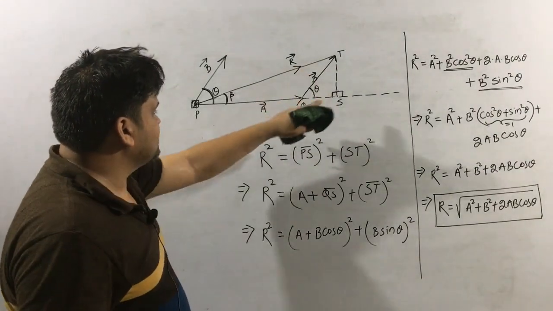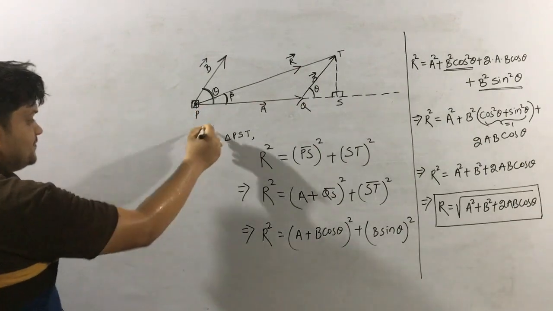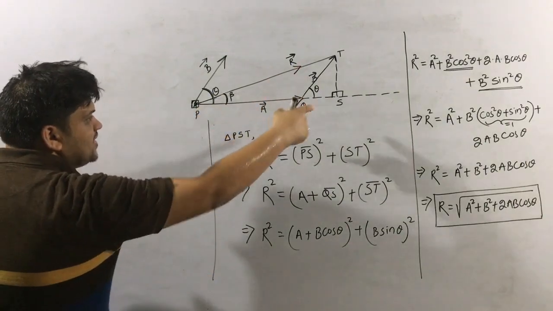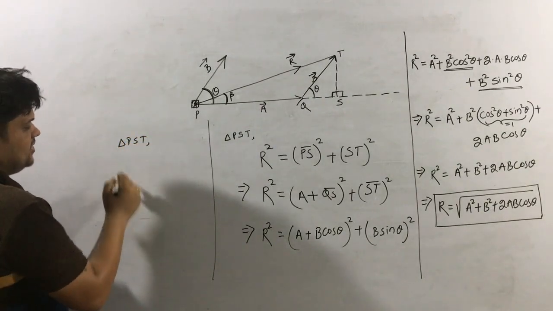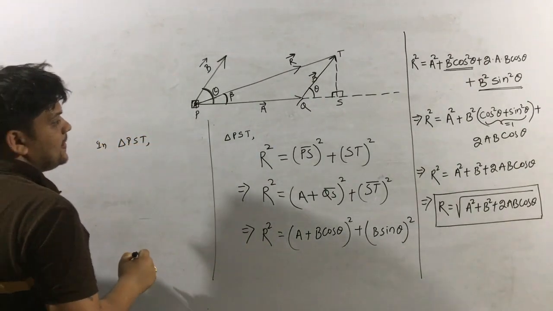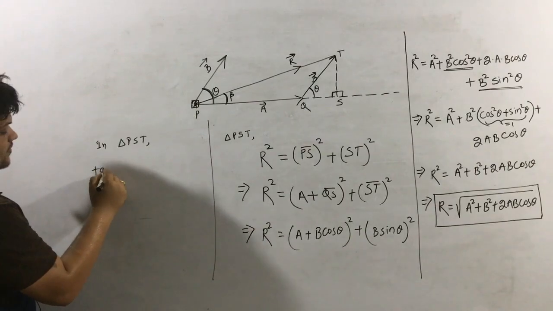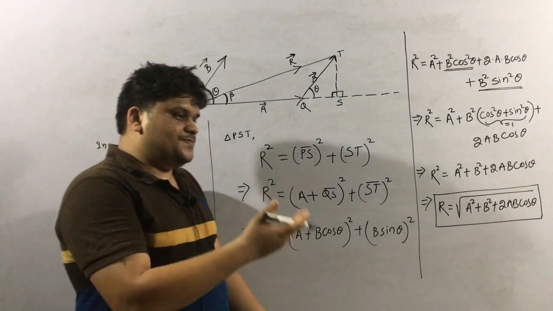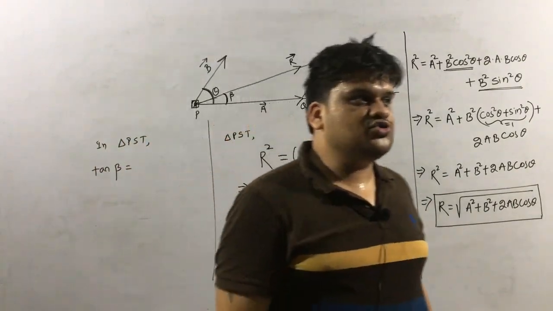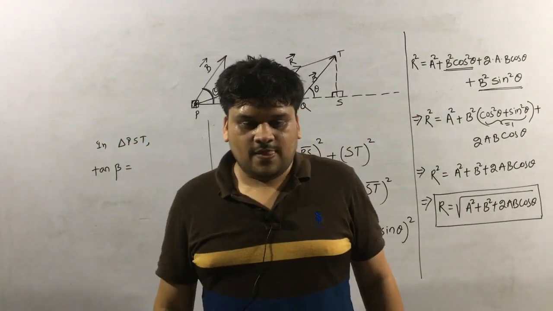So again from this triangle only we will find the value of beta. From the same triangle PST, I can write tan beta. You can write it in terms of sin beta, cos beta, or tan beta also.